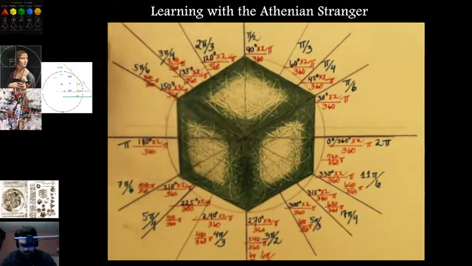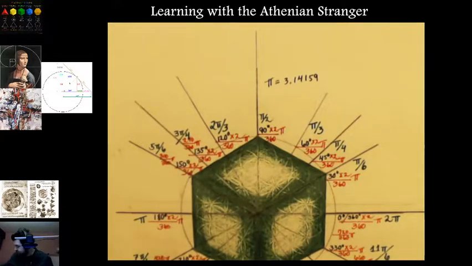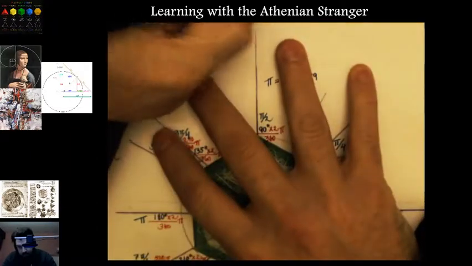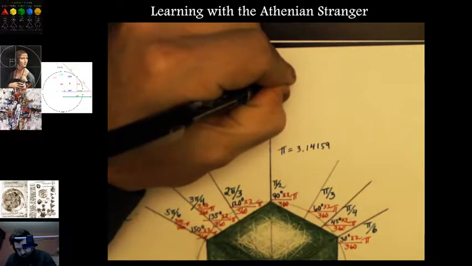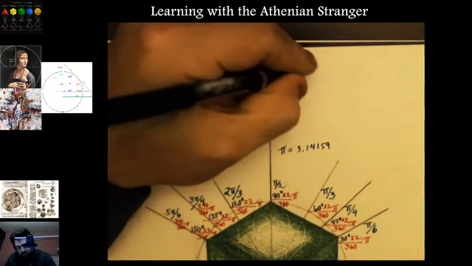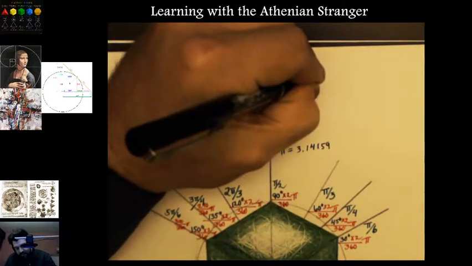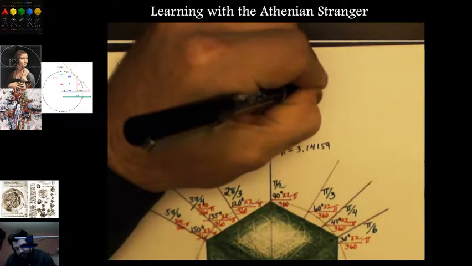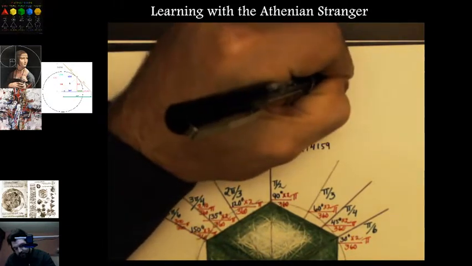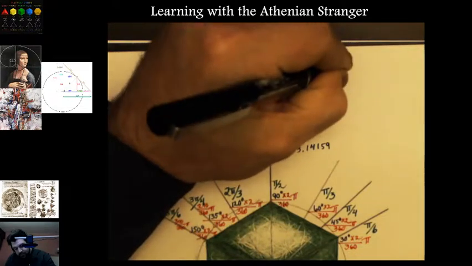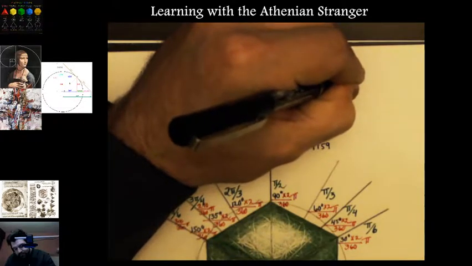And what we are finding with that number, for 1 degree, is that 2 pi over 360 equals 1 pi, or pi, over 180.